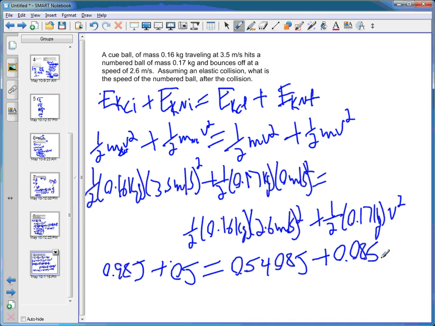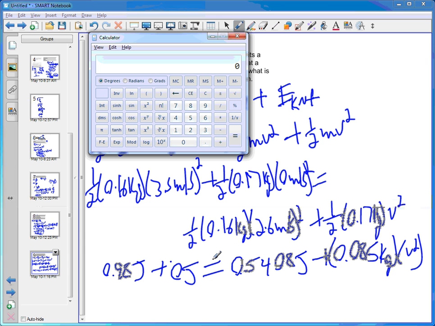Subtract this. So we've got 0.98 joules minus 0.5408 joules equals 0.4392 joules, which is equal to 0.085 kilograms times v squared.